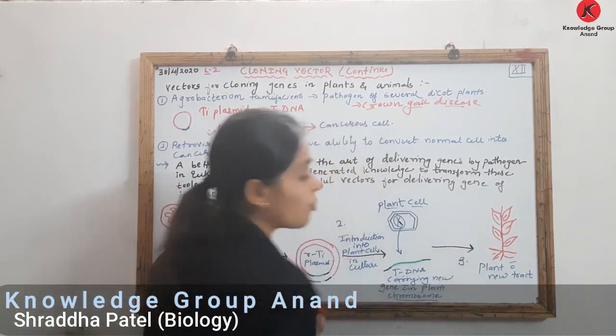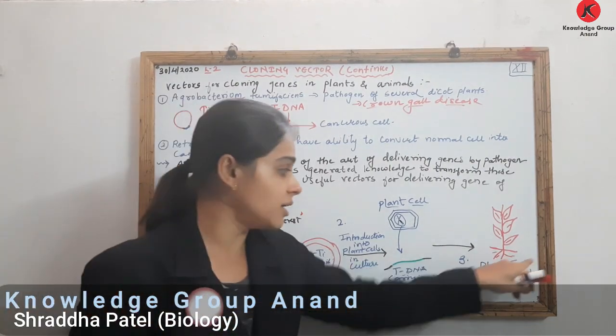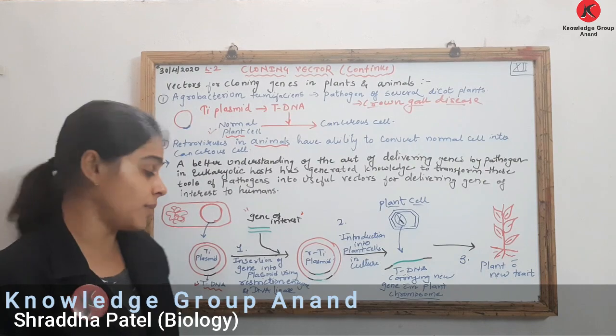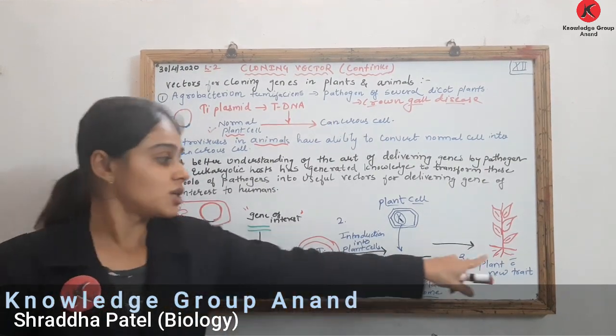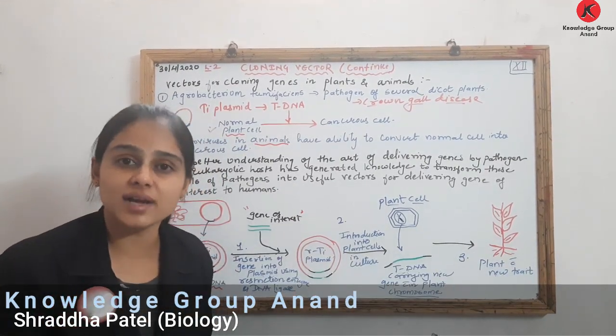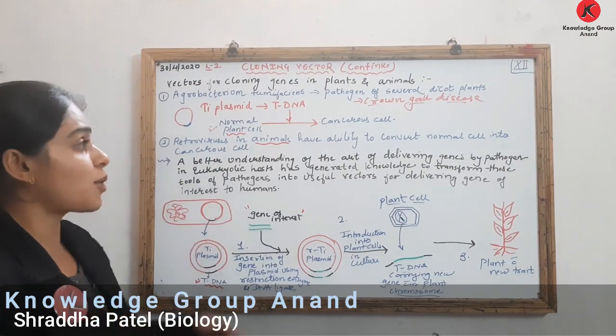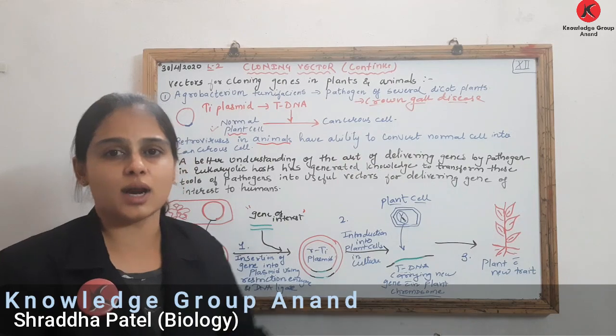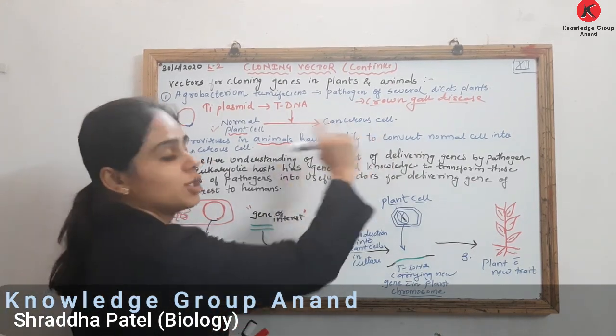So this is your point number 3. The plant grows with new trait. And this Agrobacterium now delivers gene of our interest. They are not responsible for causing crown gall disease; in short, they are not responsible for causing tumor.